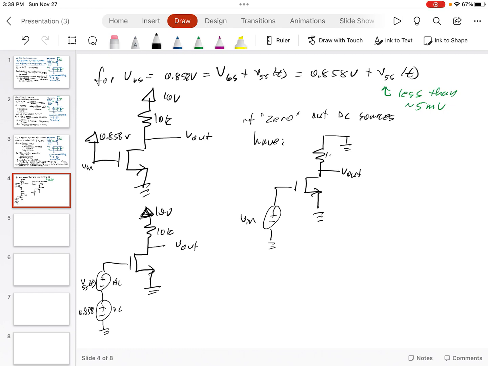That's what we mean by zeroing out the sources. We've made this one up here the drain ground. We already had ground on the source, and we now have ground attached directly to this small signal source, vgs, which is little vgs of t. All the same things, and they're all working the same way.